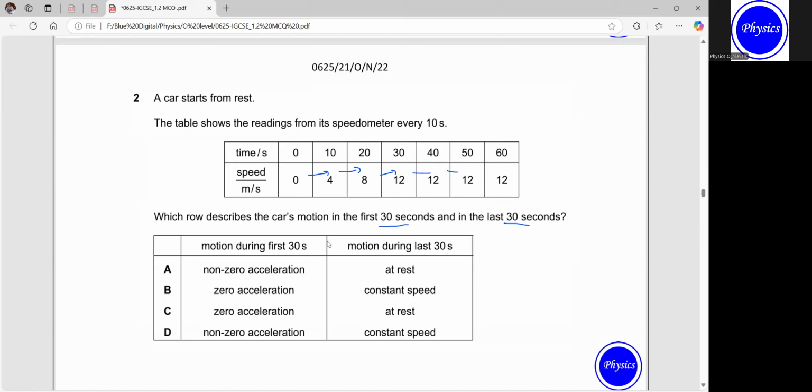So here you can say that it's constant. Which one is it? Constant speed, zero acceleration? No. It is not at rest, it is continuing with the same speed, 12 meters per second. So there are only two constant speed options. Definitely it is not zero acceleration initially. So here it's constant speed and non-zero acceleration. Okay, the next one.